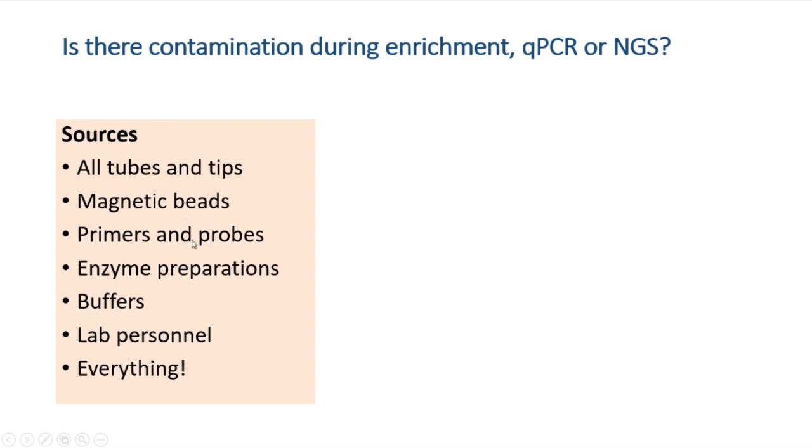We haven't seen anything with primers and probes, but we have contaminated those ourselves. So you can imagine some of the suggestions I'll be giving this audience. Enzyme preparations have typically shown up clean. Buffers have gotten contaminated. Lab personnel often introduce it, and your environment often introduces it. So really, you have to be suspicious of everything.